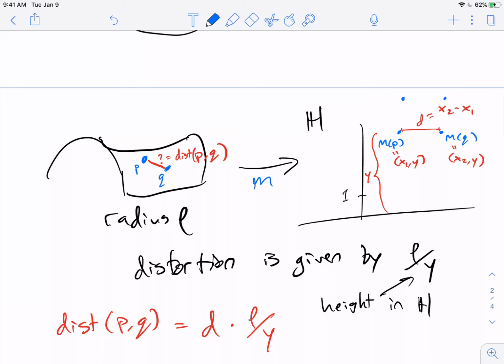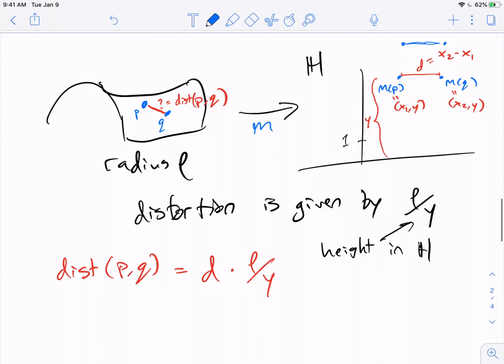And so in the hyperbolic plane, these 2 points are closer and closer together. And similarly, as I move down towards the x-axis, 1 over y gets larger and larger. And so points which appear in the Euclidean space to be the same distance apart are actually getting further and further apart as I move down. And so that's the distortion.